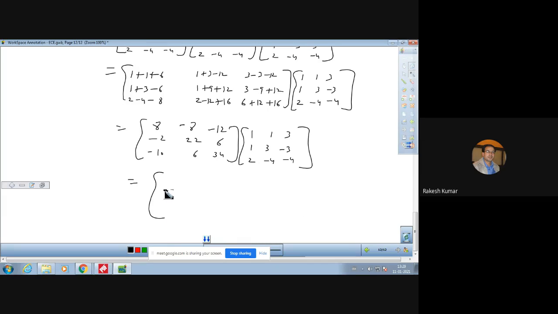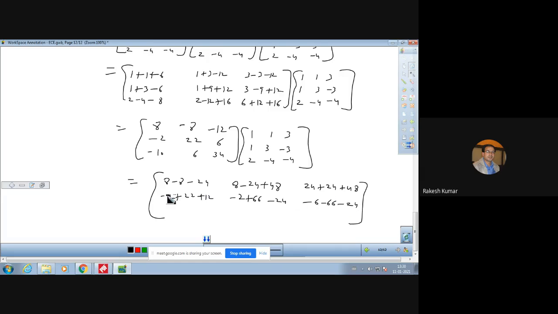So now multiply here. This is 8 into 1 is 8, minus 8 minus 24, 8 minus 24 plus 48, 24 plus 24 plus 48, minus 2 plus 22 plus 12, minus 2 plus 66 minus 24, minus 6 minus 66 and negative 24.